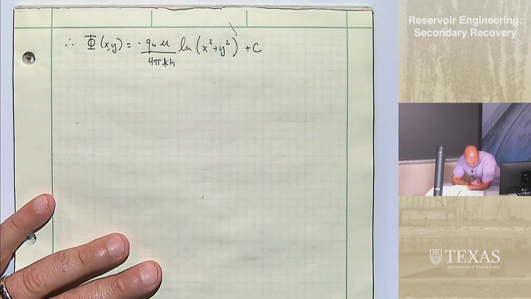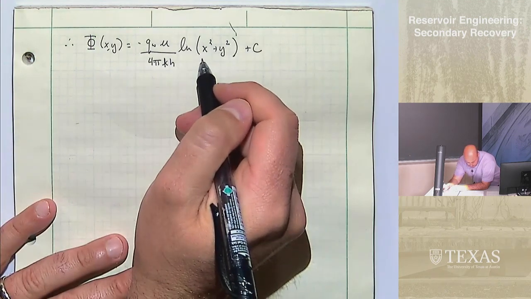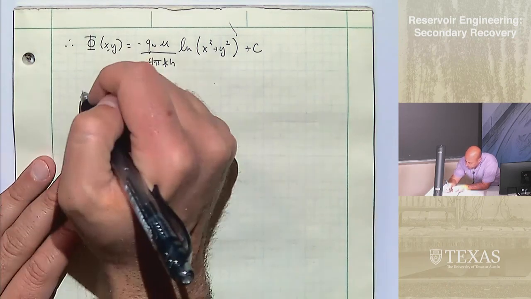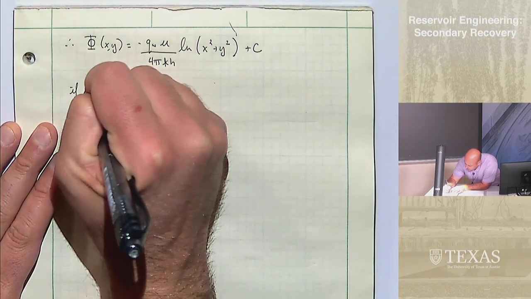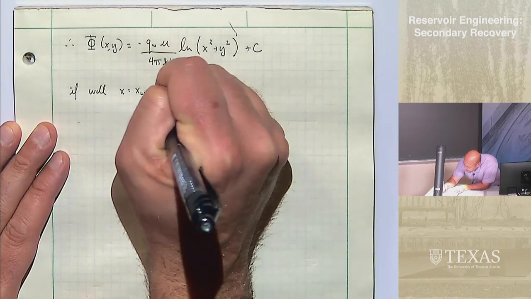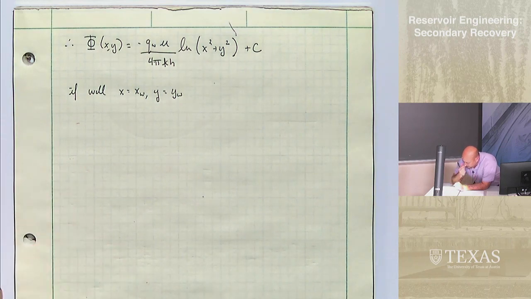Okay, so that is the potential. And that would be if your well is at a location 0, 0. If the well is located at x is equal to x_w and y is equal to y_w, then your equation is offset.